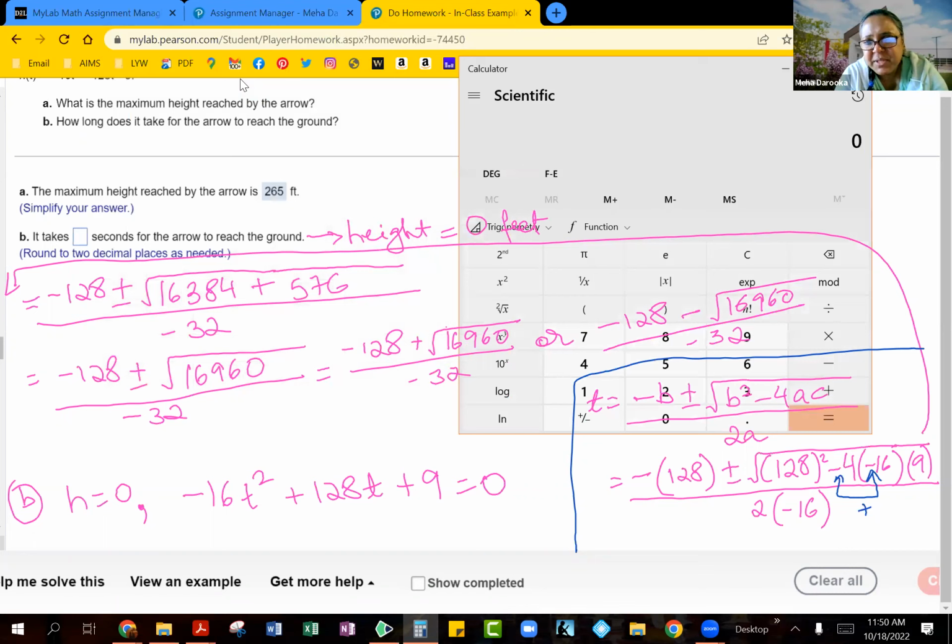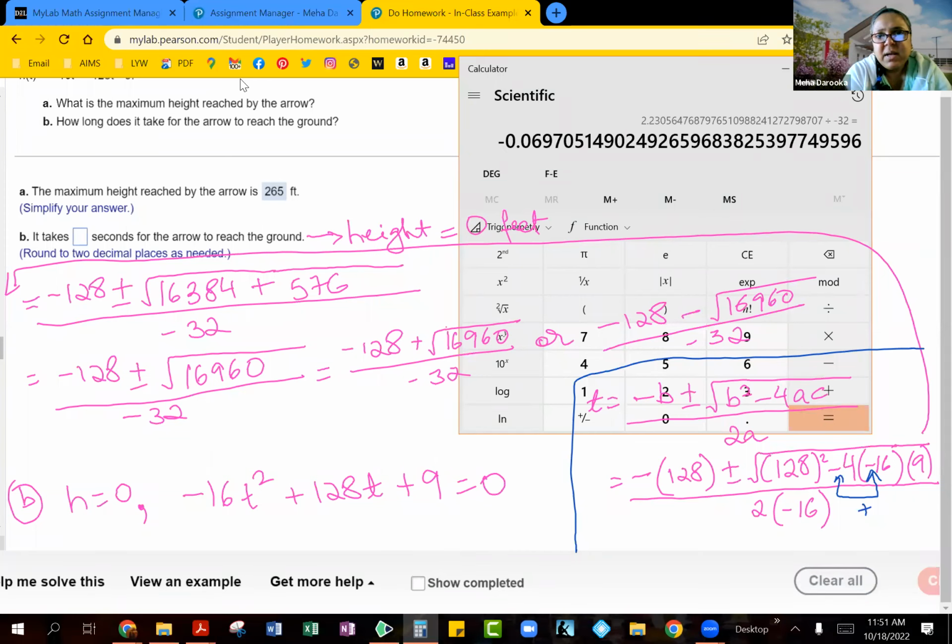Okay, so we'll start with the 16,960, take its square root first, and I'm going to leave that as a positive number. So from that, I'm going to go ahead and subtract my 128, which will give us this. And then when you divide it by 32, we would have to make sure that it's negative 32. And you can see this is what that answer will come out to be.